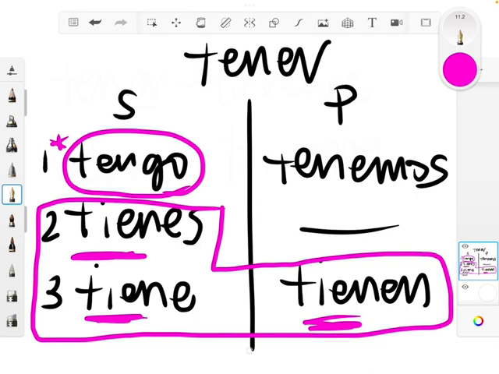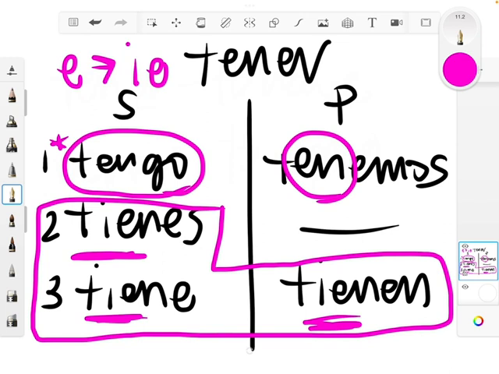They change from E to IE there. But notice that this one doesn't change. It's just that second person singular, third person singular, and third person plural. So we'll have that stem change from E to IE in second person singular, third person singular, and third person plural.